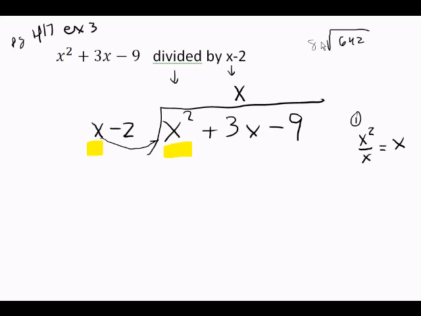It's kind of important. So when you do long division, let's say I had 642 divided by 8. 8 goes into 64 8 times, right? And then you multiply these two together. 8 times 8 is 64, and you subtract it.